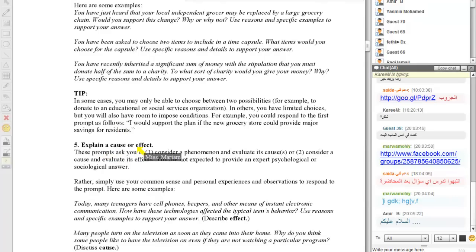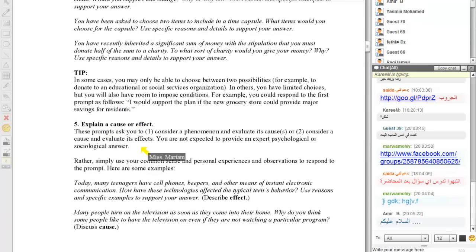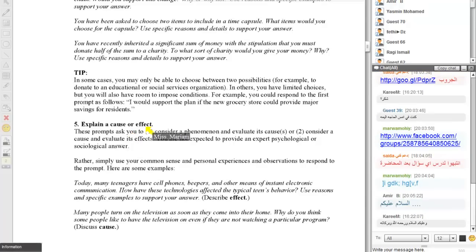The fifth kind is to explain a cause and effect. Sometimes you write an essay about cause and effect. Both of these elements are included in your essay, and sometimes you are asked only about one element, like to write the cause.